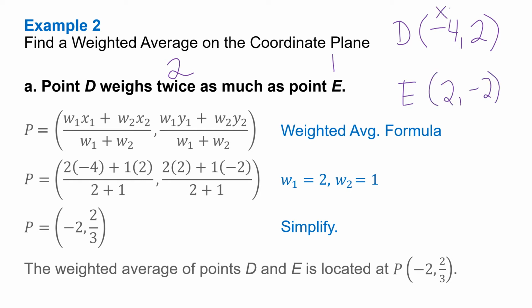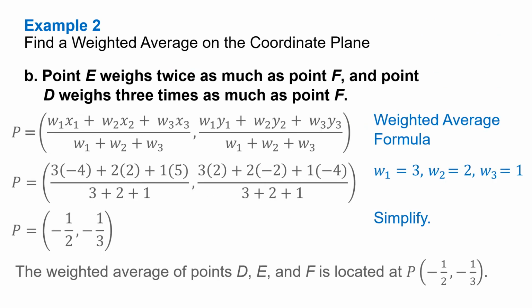So x1, y1 come from point D, and x2, y2 come from point E. When we substitute all of those values into our weighted average formula, we find that point P is located at -2, 2/3.